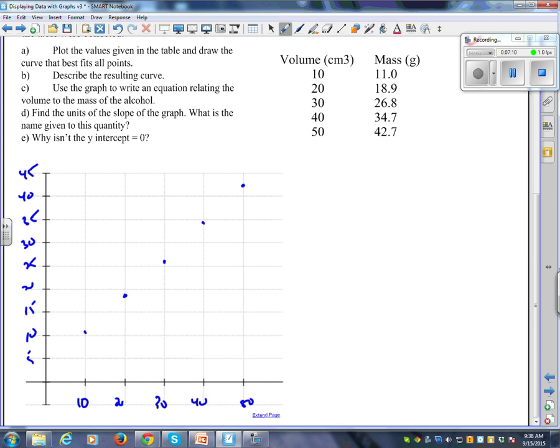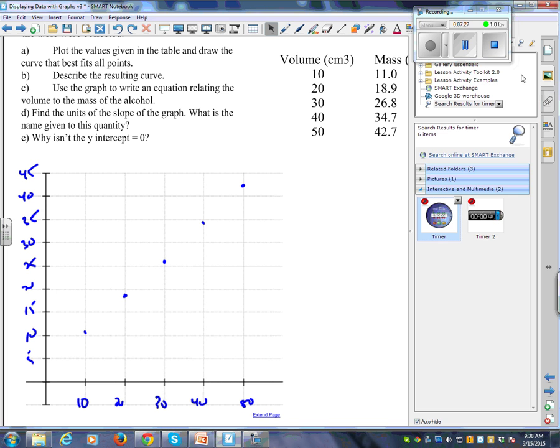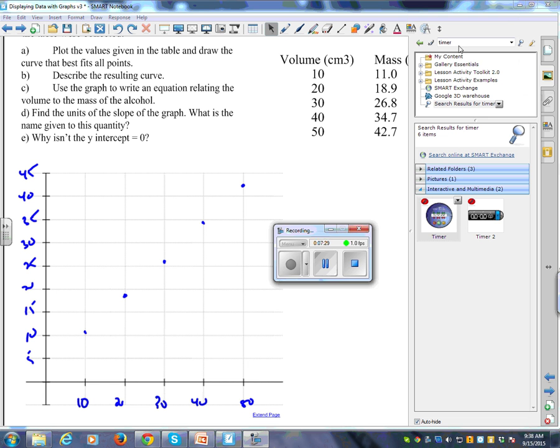Okay, now here's the part where I saw lots of different things. I saw people doing this. I want you to draw a line of best fit. Now, I have a real hard time doing that up here because obviously I can't just put a ruler on the screen.